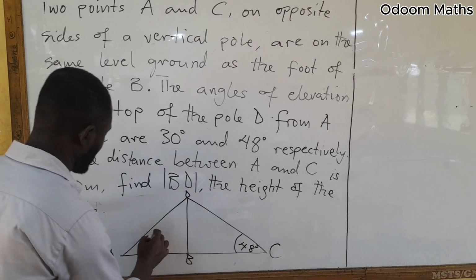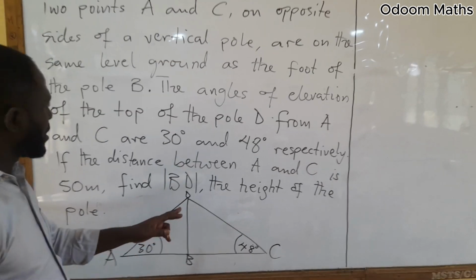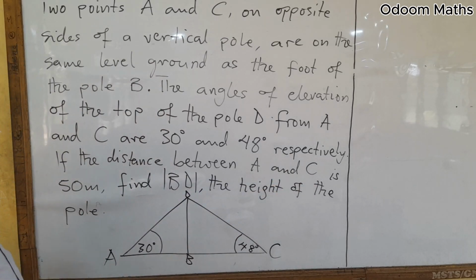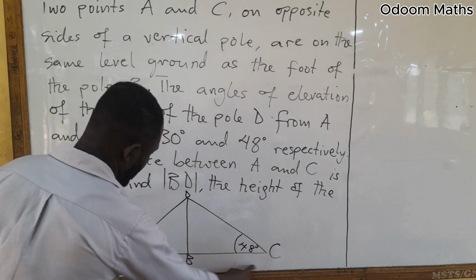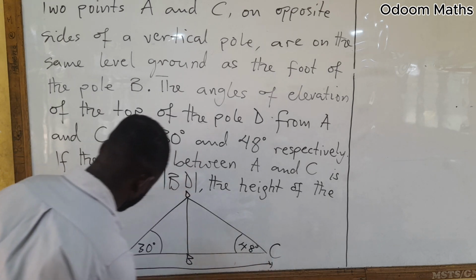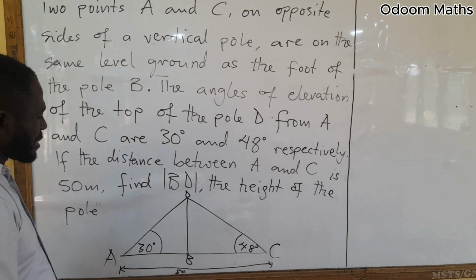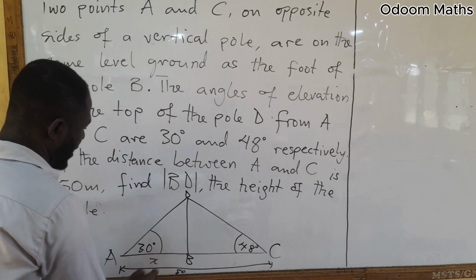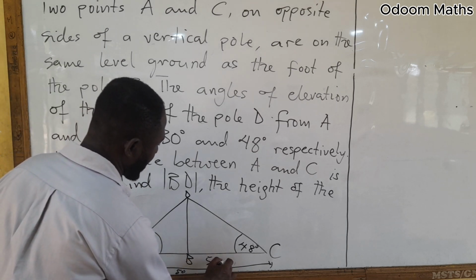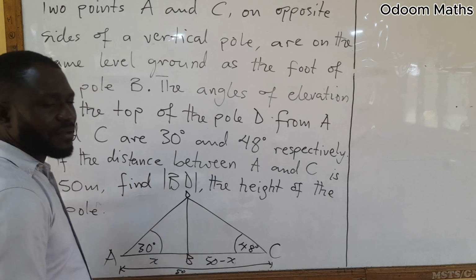We are also told that the distance between A and C is 50 meters. If AB is X, then BC is 50 minus X, so that when you add the two, you get 50 meters.